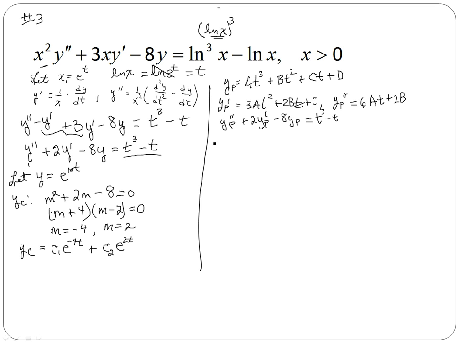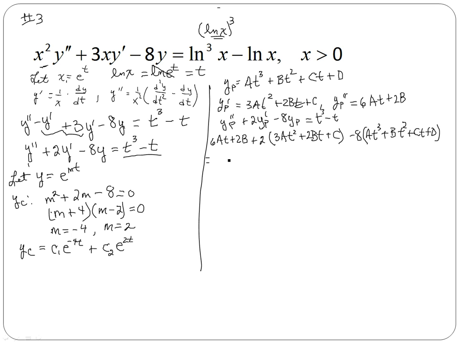I'm going to get my second derivative is 6at plus 2b plus 2 times my first derivative, 3at squared plus 2bt plus c, and then minus 8 times my original function, at to the third plus bt squared plus ct plus d.